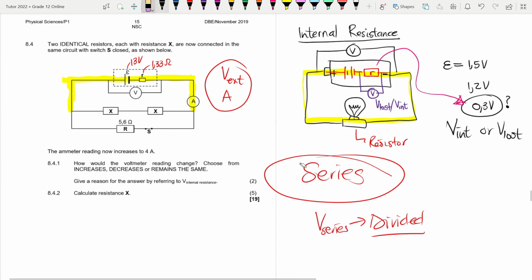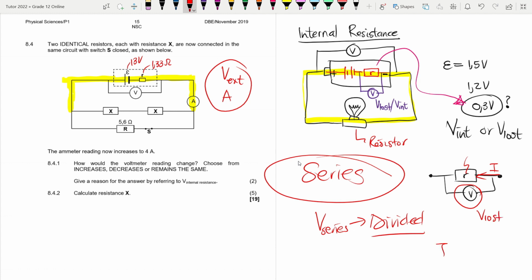Yes. I like to do this, so I figured this is important when I was just teaching the grade 10 learner. If you do a sketch like this and then you plug your voltmeter and you think of your current, you can see now that this is the total current, this is internal, and this is V lost, which means I can use Ohm's law like this.